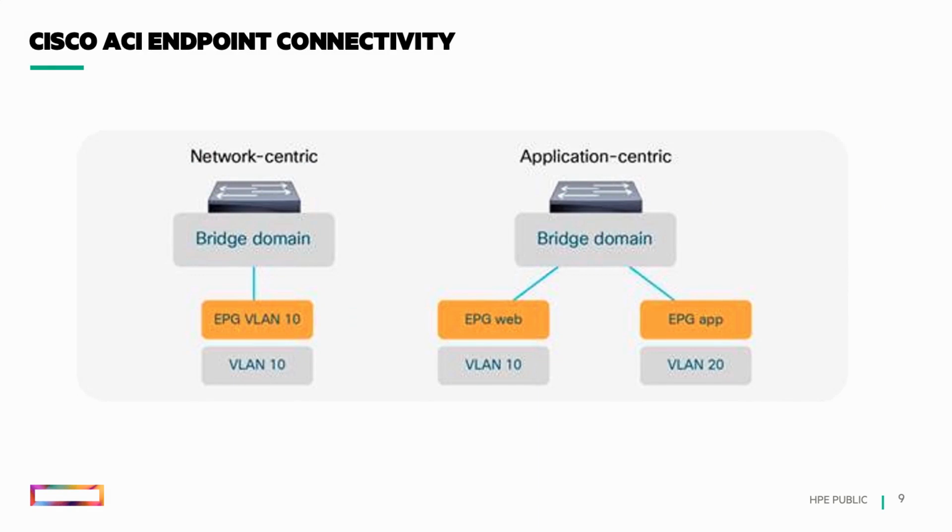And for the ACI endpoint connectivity, typically the networking team has two options. They have a network-centric mode, or they have an application-centric mode. Network-centric mode is pretty much trying to mimic traditional networking.